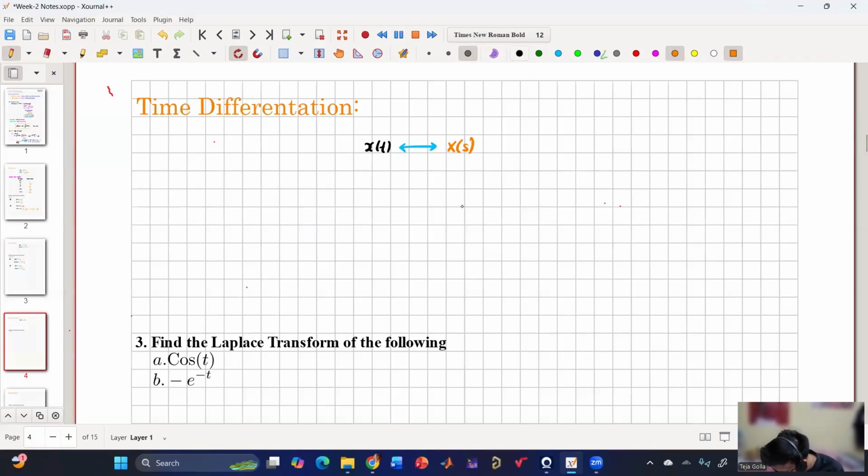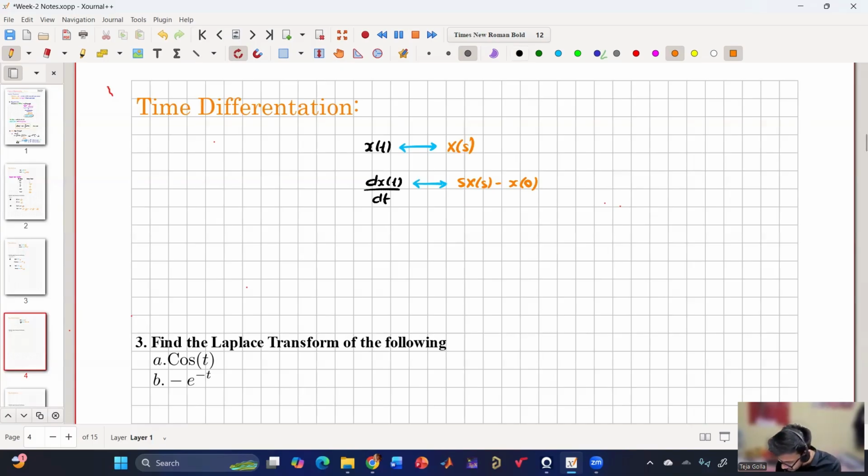Then if we have differentiation d x of t in the time domain, we have s into x of s minus x of 0. So we'll have s into x of s minus x of 0.